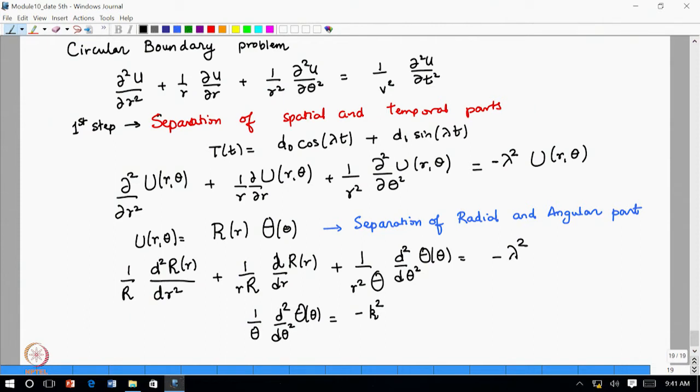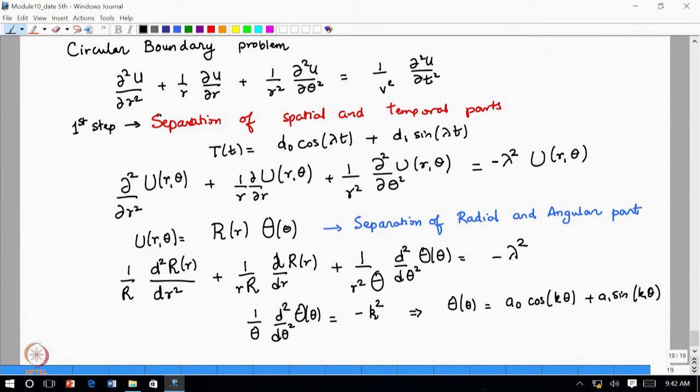So, this implies Theta of theta is equal to a0 cos k theta plus a1 sin k theta. We will just leave it at this.